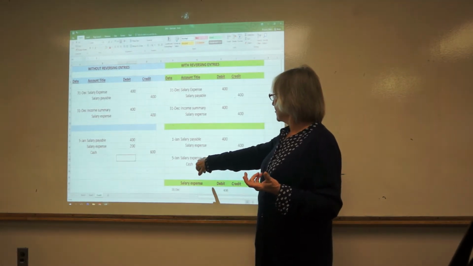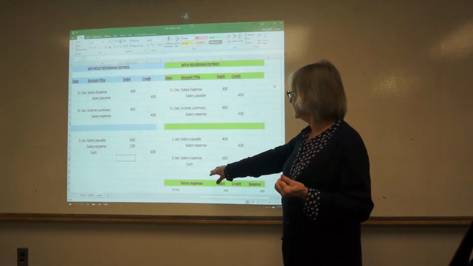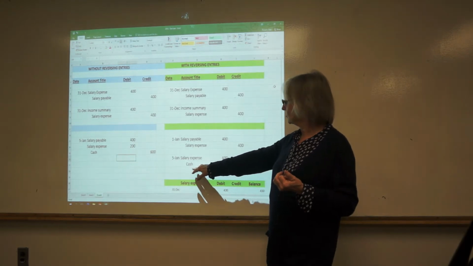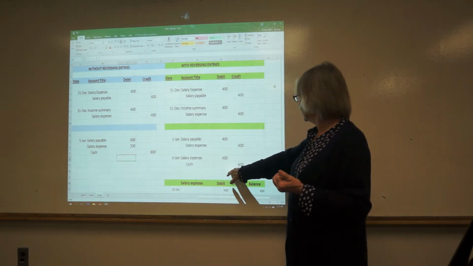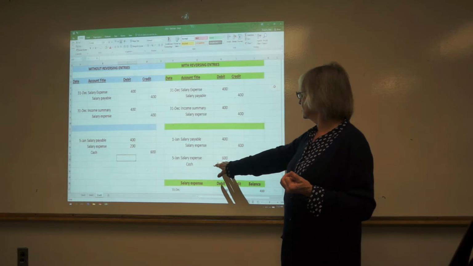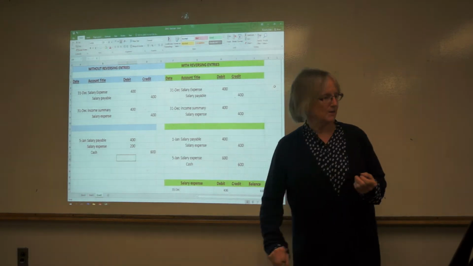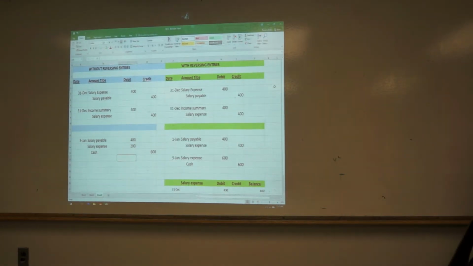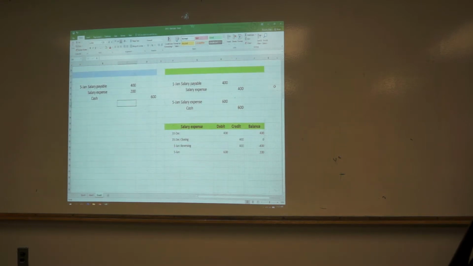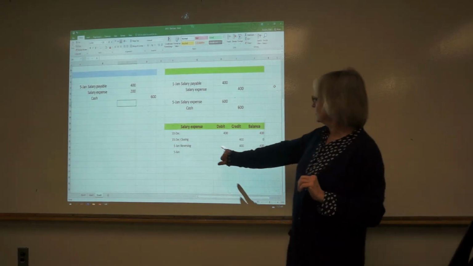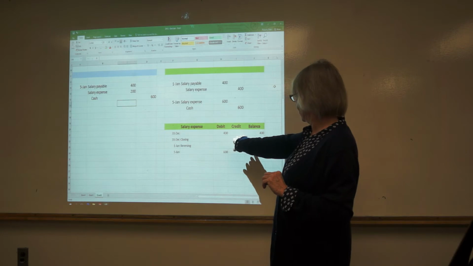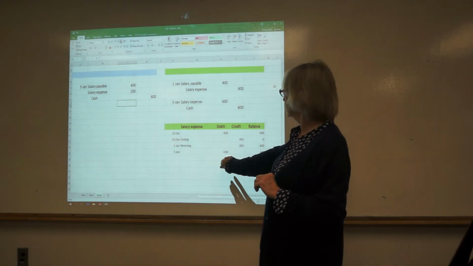So now, when the bookkeeper goes to pay this payroll on January 5th, all the bookkeeper has to do is go 600, 600 salary expense. And how does that end up working? Well, let's see. This is our salary expense ledger account with reversing entries.